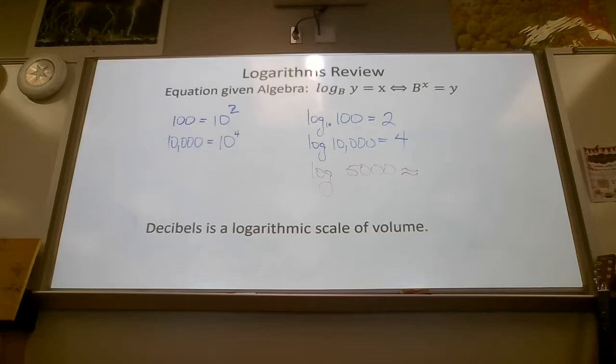Think about it. It's going to be between this number and this number. Tell your neighbor and tell them why it's going to be between those two numbers.